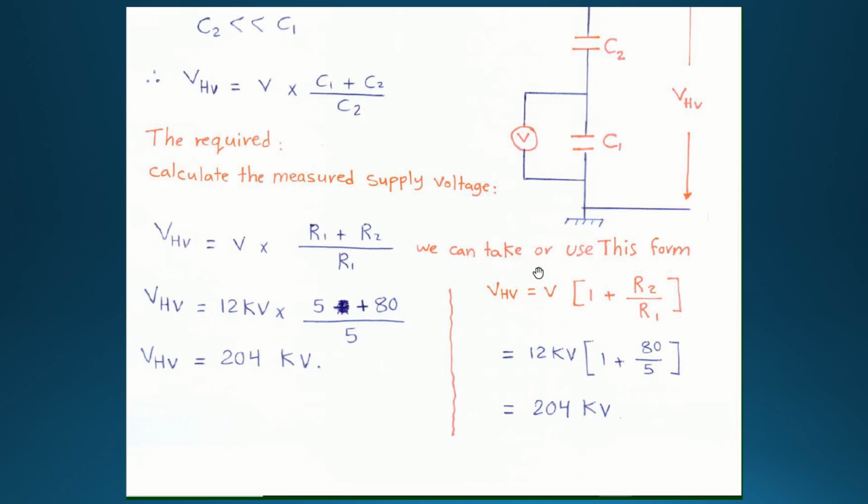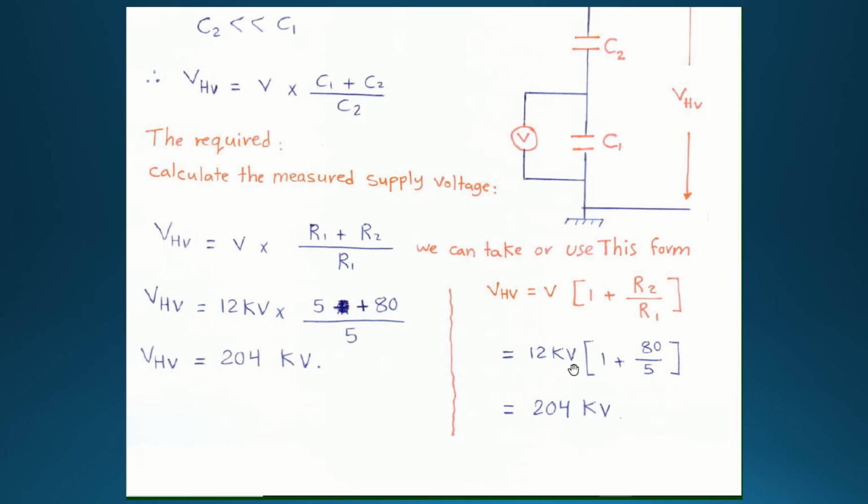Also, you can use this formula. It's the same thing, but we take R1 as a common value. Here this is the common value, R1, so 1 into R1 is 1. So the high voltage will be V open the bracket 1 plus R2 divided by R1.